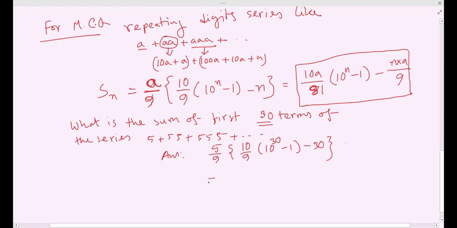Or you can write it like this: 50 by 81 into 10 to the power 30 minus 1, minus 150 by 9.